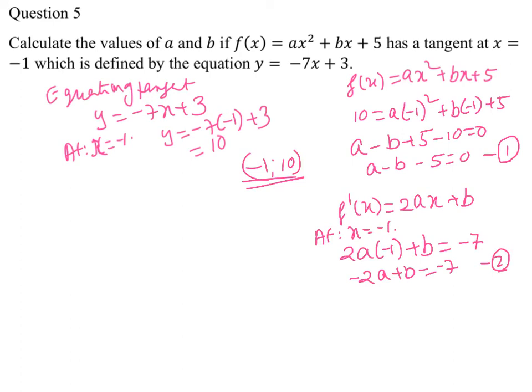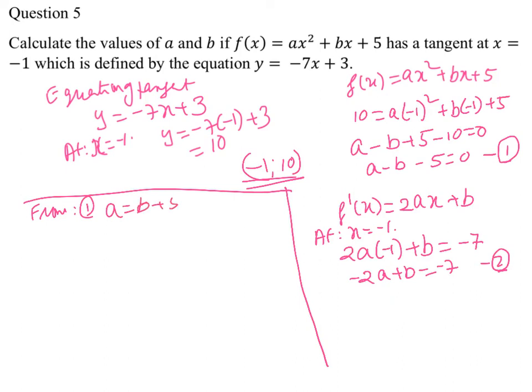So I got two equations and I solve the simultaneous equations. Now I am applying my algebra here. I got equation number 1 and equation number 2. I can make any one the subject of the formula. So from 1, I make a the subject of the formula. Therefore, a is equal to b plus 5.